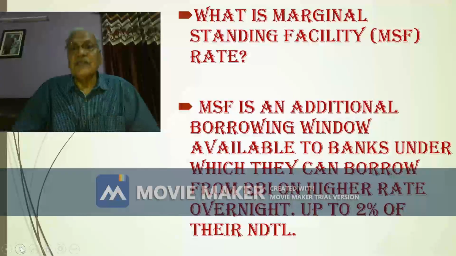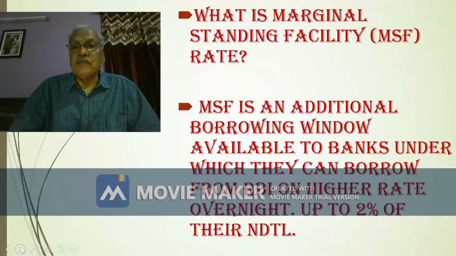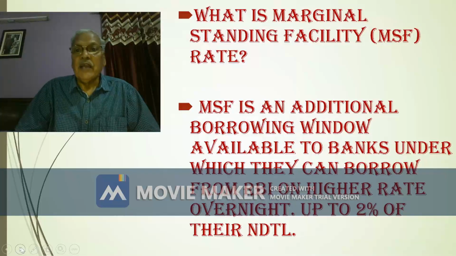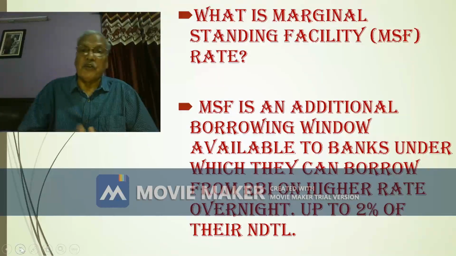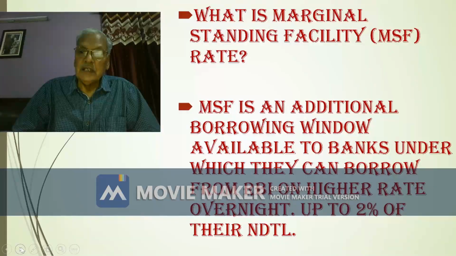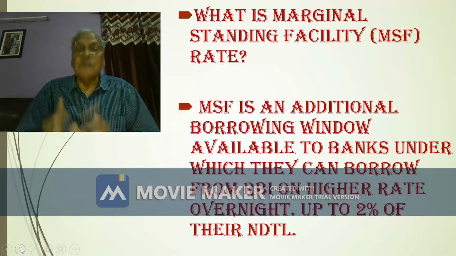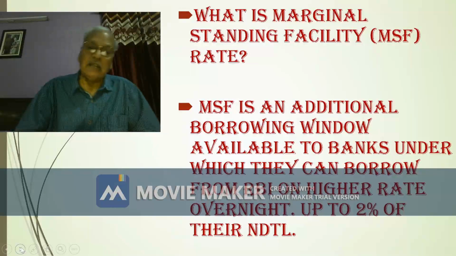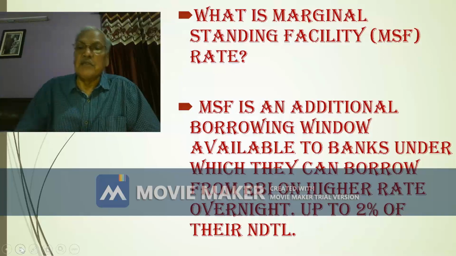Another rate is the marginal standing facility rate. So what is MSF rate? MSF is an additional borrowing window available to the banks under which they can borrow overnight up to 2% of their NDTL. This is the individual bank's NDTL, net demand and time liabilities.